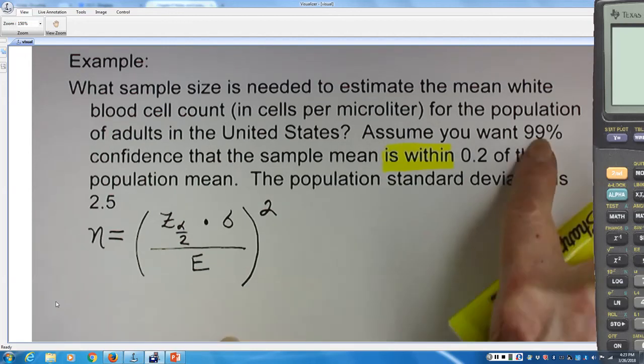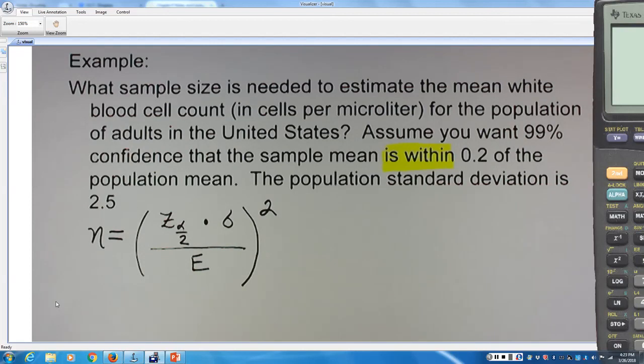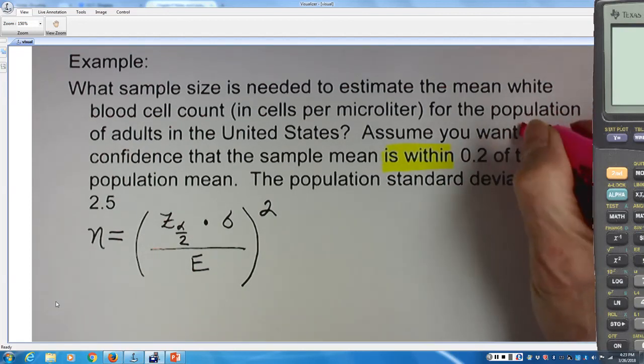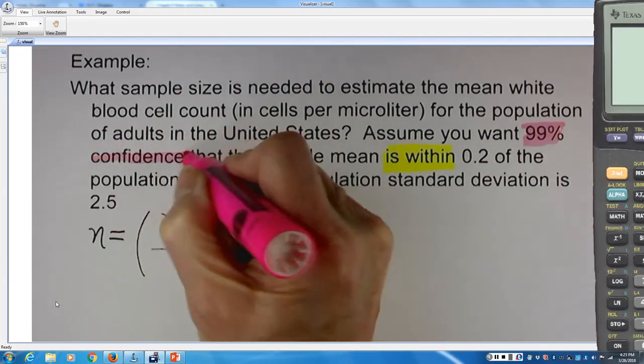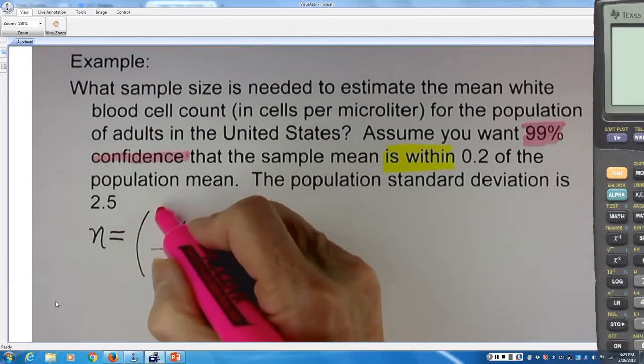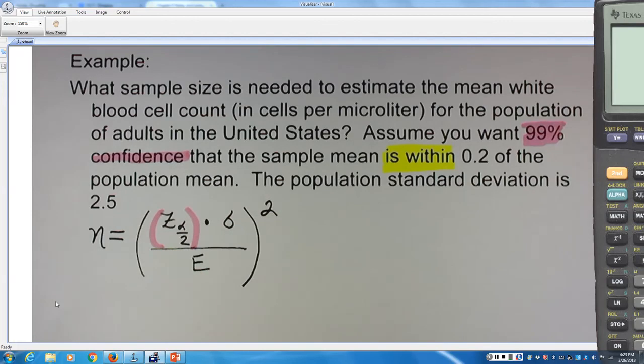Assume you want 99% confidence. That's going to give us Z alpha over 2.